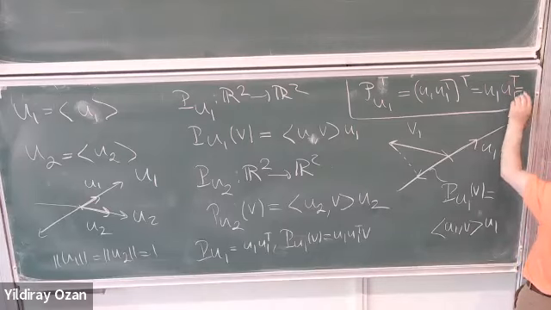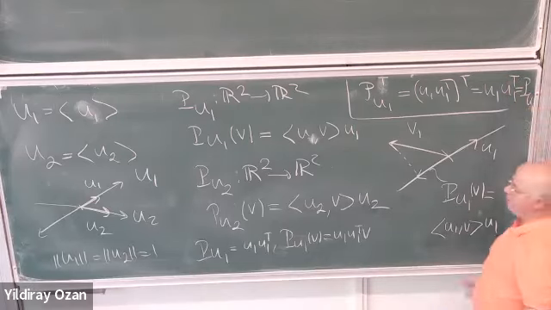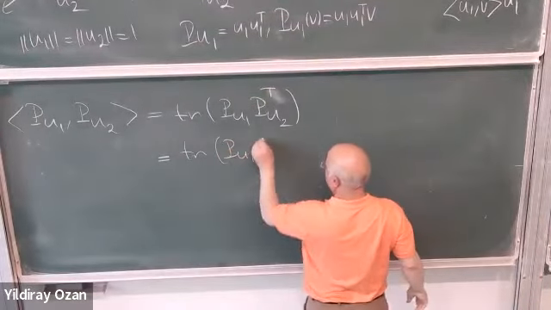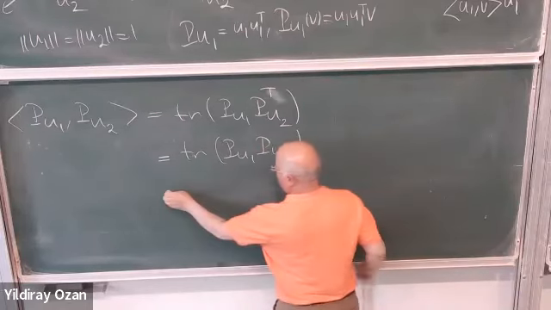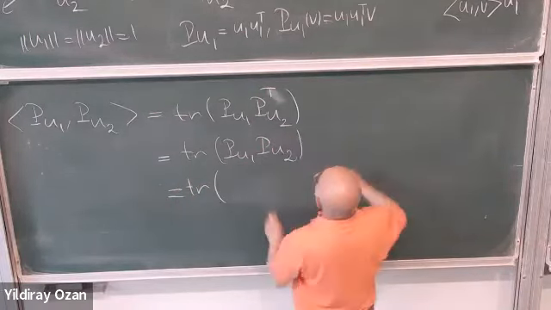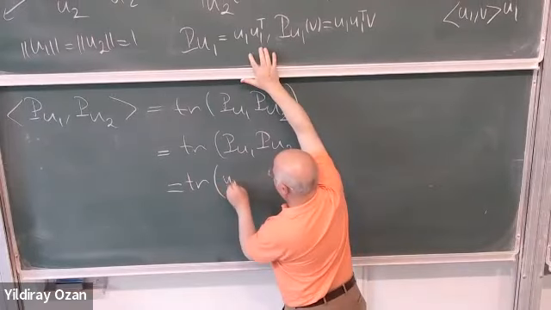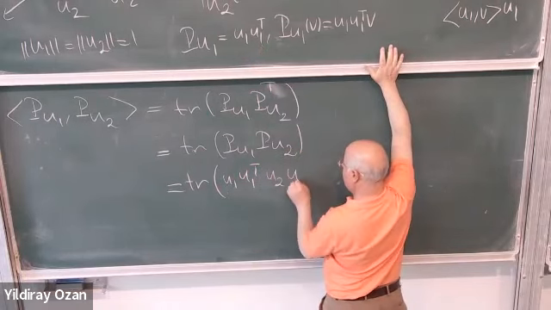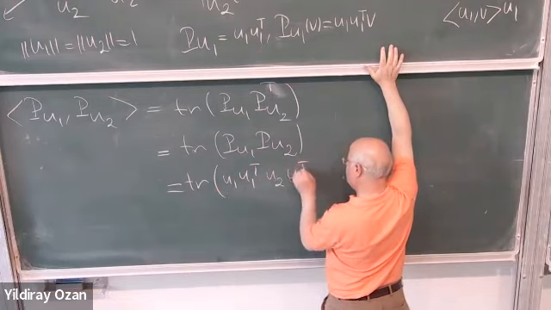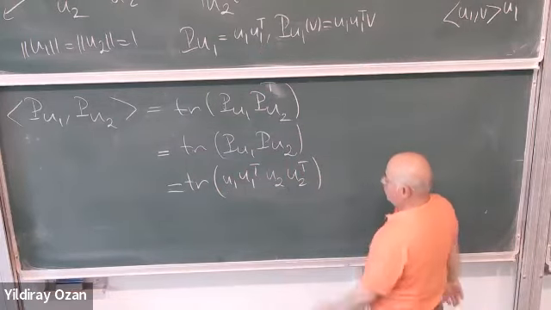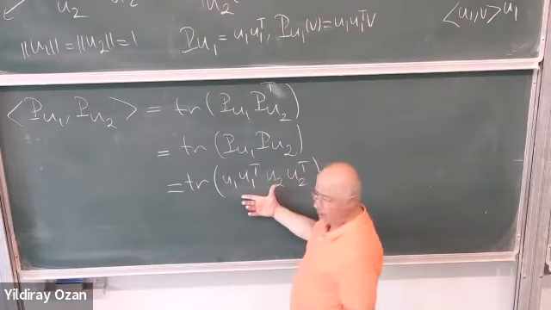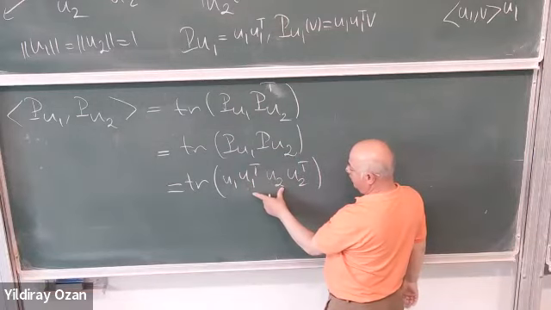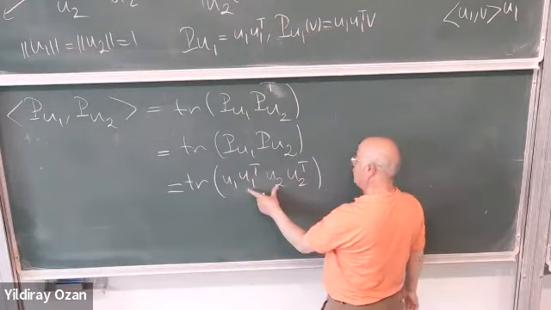So it is just again U1. Now these are symmetric matrices. So this is PU1 times PU2. And what is this? This is given as a matrix, just U1 and then U1 transpose. And then this is just U2 and then U2 transpose. Here U1 and U2, I regard them as column matrices. So this becomes a row matrix and then this is just the inner product.